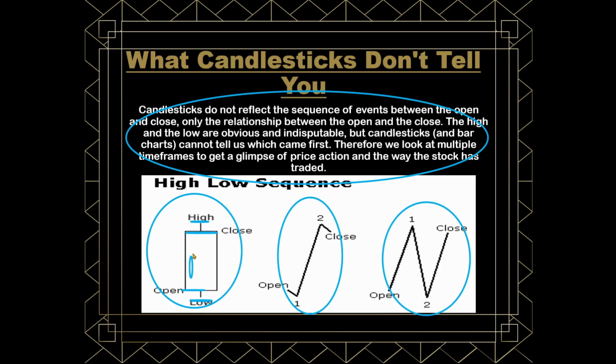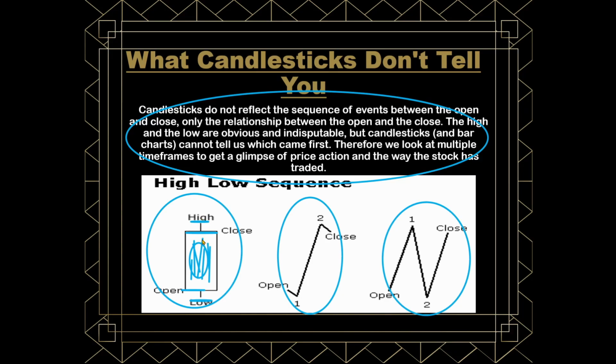But all in the middle right here, we don't know which came first. We don't know if the stock opened, made a low, ran up to a high, back down to the low, and then closed, or opened, made its low, shot up, made its high, and then closed.